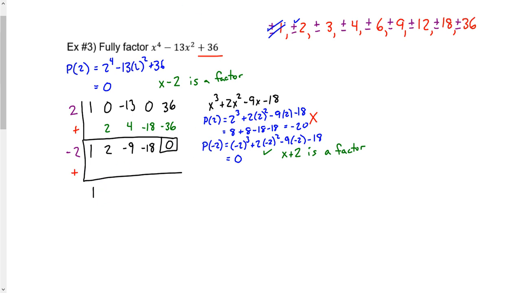I get my 1. I put my negative 2. There's a 0. I get to put a 0 here because that's negative 2 times 0. Negative 9 adding that 0 is negative 9. And that becomes a positive 18. That last addition means we have a remainder of 0. Great. X plus 2 is a factor then.